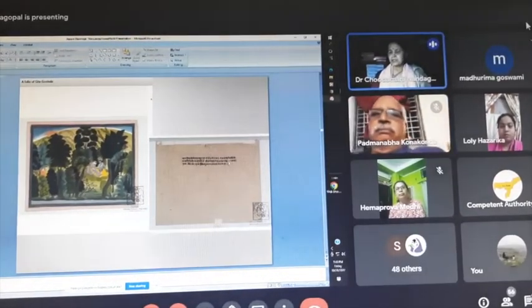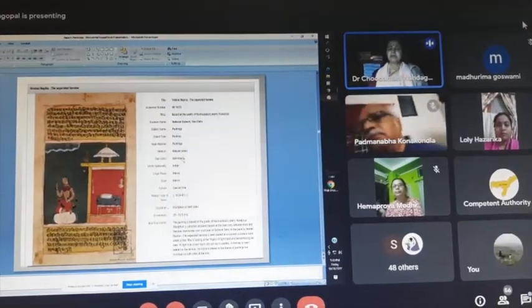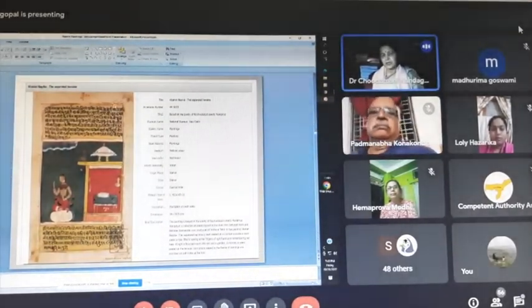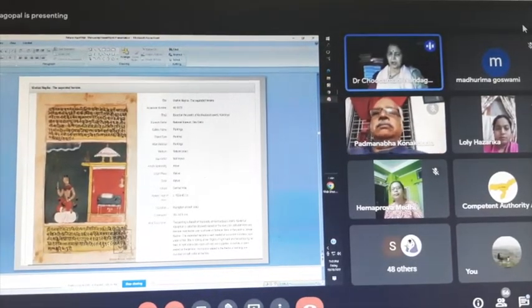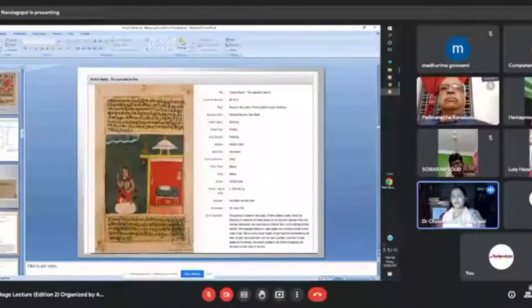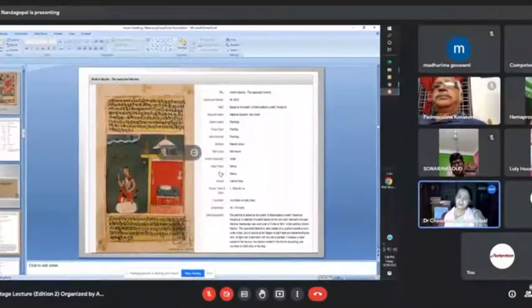That is how the manuscript is written here. When you see some of the very interesting Nayikas, you see how much space is used for writing purpose. All the features, characteristics, and the situation, why the Nayika is in a separated mood. All these descriptions we find in this manuscript.